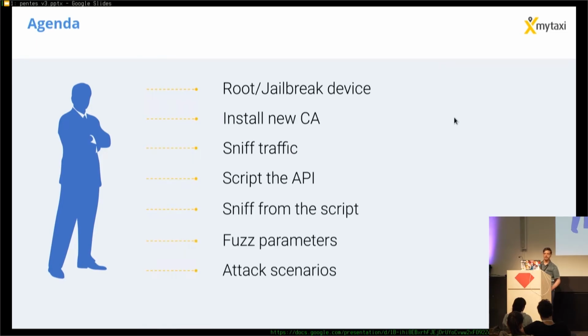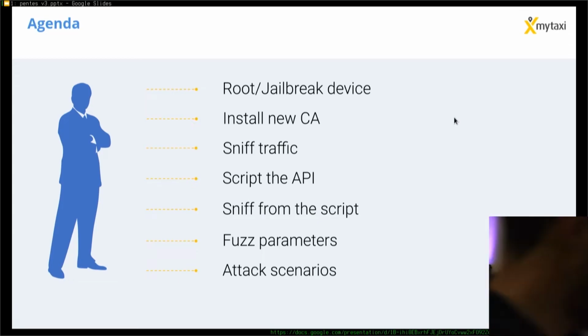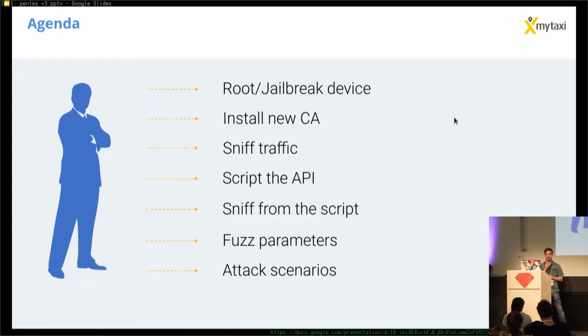At my taxi, since we have a huge code base, it's kind of difficult to find a starting point for the attacks, and the best way I found to deal with this issue is to act like an external attacker who doesn't know how our systems work, and can see just the traffic between the mobile device and our servers. The easiest way to do this is by performing a man-in-the-middle attack on the device, installing a new certificate, and sniffing this traffic.